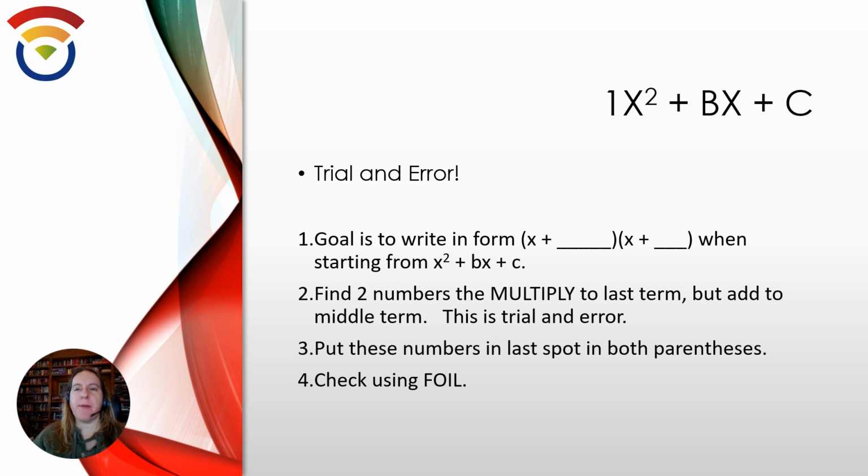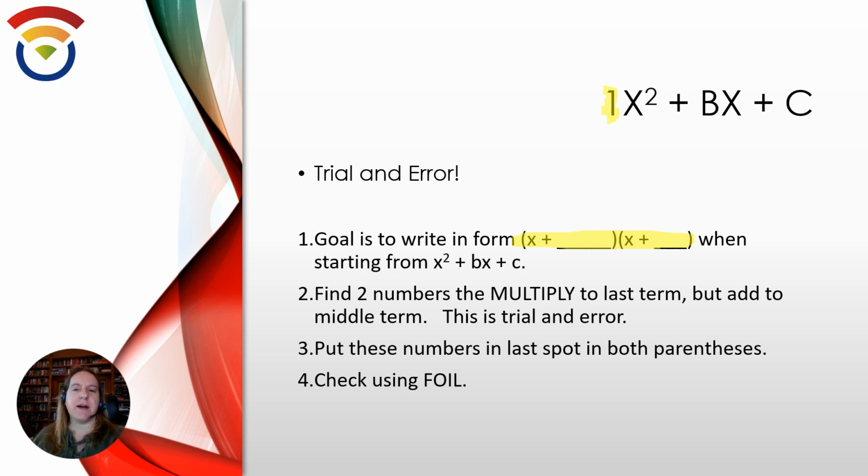In today's problems, we're going to be doing factoring where our expanded form always has a 1 or just a plain x squared. And we're going to factor this essentially using trial and error. But there is some system to figure out what numbers work. Our goal is to write it in this form, where we have two sets of parentheses, x plus something times x plus something.